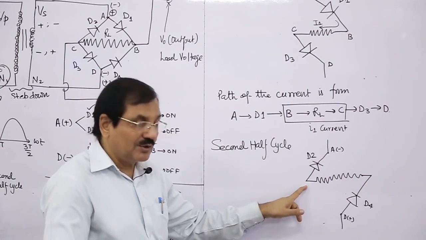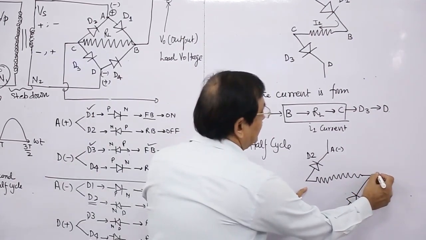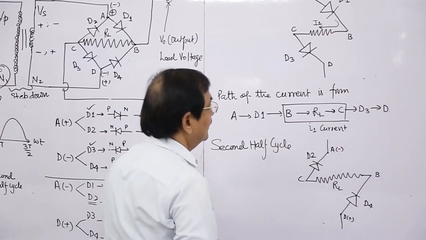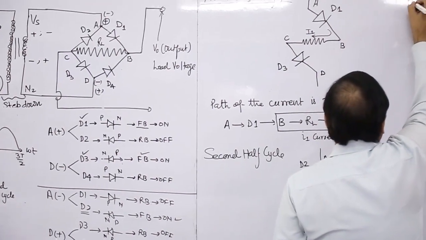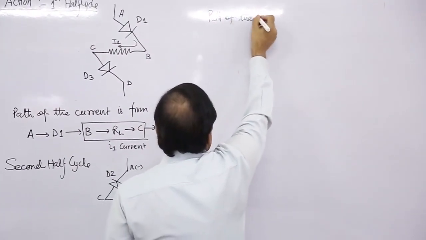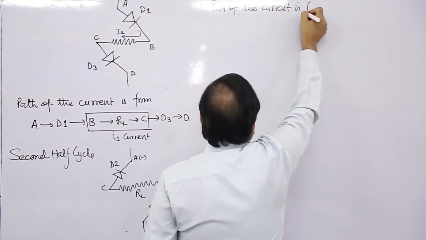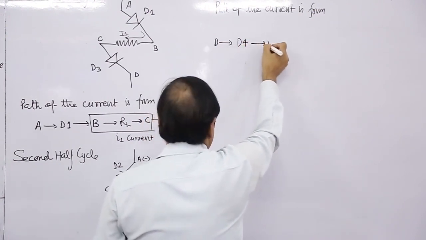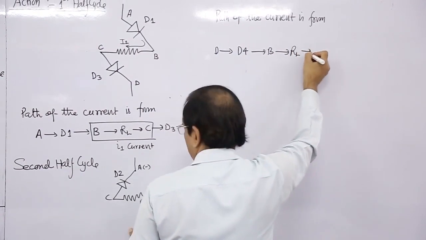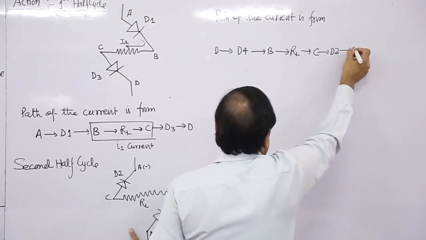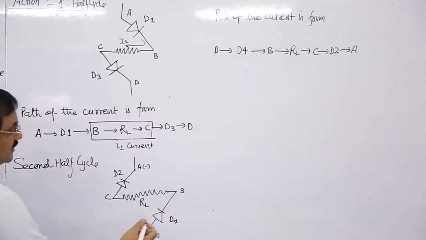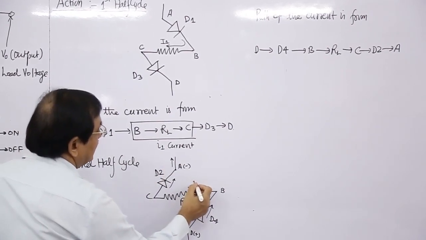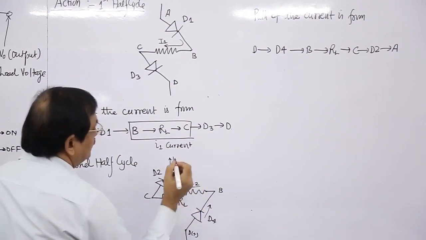Here, this is the load resistance, and the point is B to C. This is RL, and then to A. So the path of the current is from D to D4 to point B, to RL, to C, to D2, to A. The current flows in this direction, and here in this direction. Here it is I1, and this current is I2.